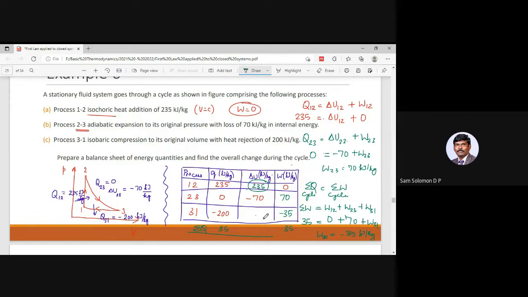And you can sort this out in two ways. So Justin, can you tell me how will you find delta U31? What are the two ways by which you can find delta U31?